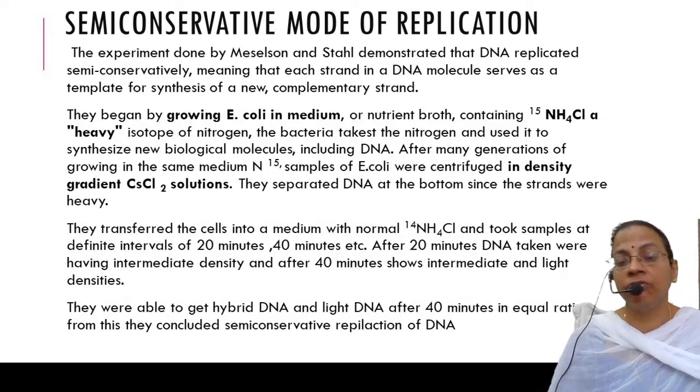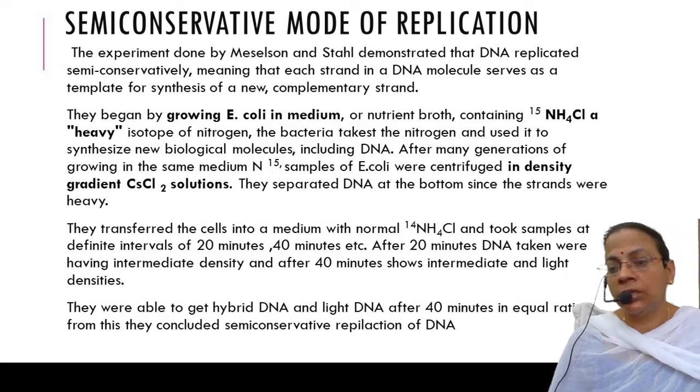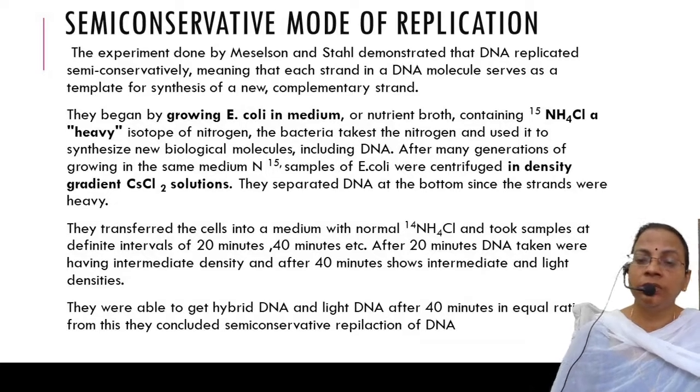Since this one is heavy, the DNA was deposited at the bottom region of the test tube after the density gradient centrifugation. So from that they understood that the bacteria took the nitrogen N15 from the medium and all the DNA was labeled with N15.